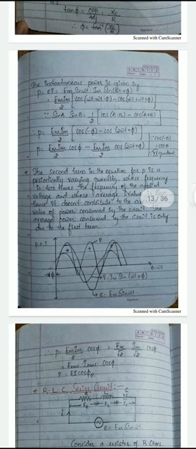Once we draw the current and voltage, we can go for the power. To draw the power, if both voltage and current waveforms are positive, then draw the power as positive. So in the first part, both voltage and current are positive, hence we get positive power.